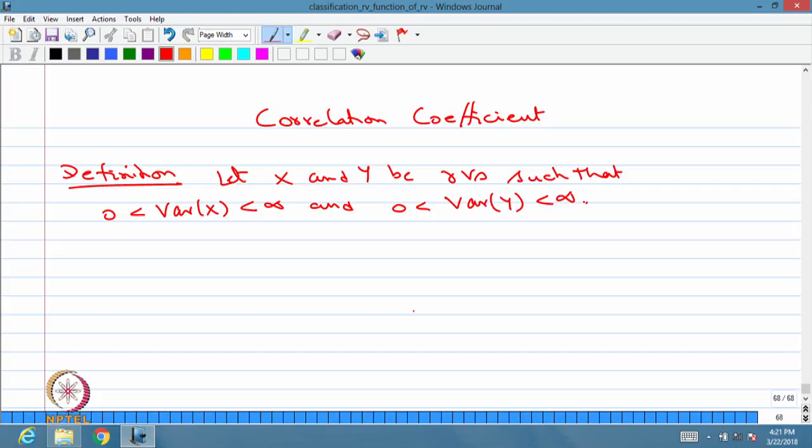That means the variance exists and is not equal to 0 for both the random variables x and y.